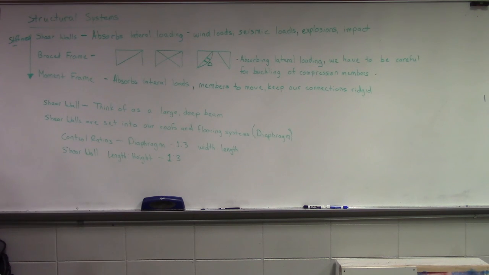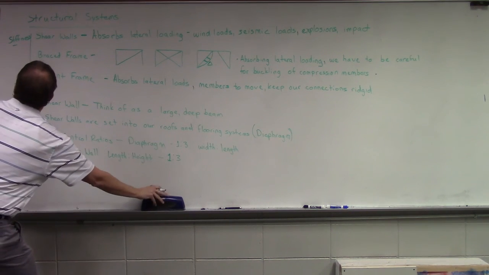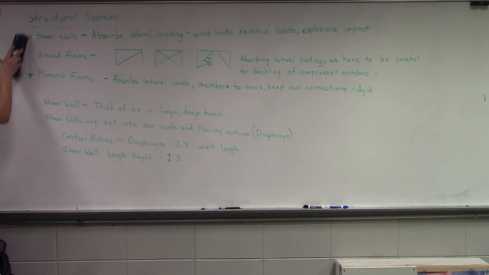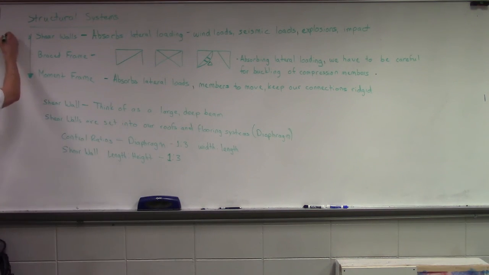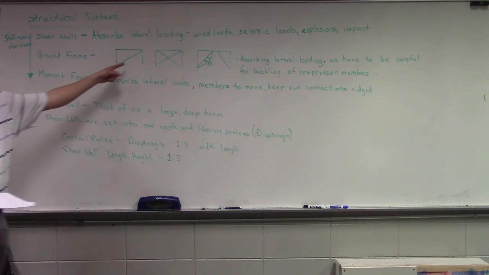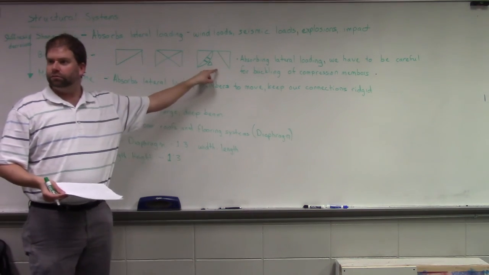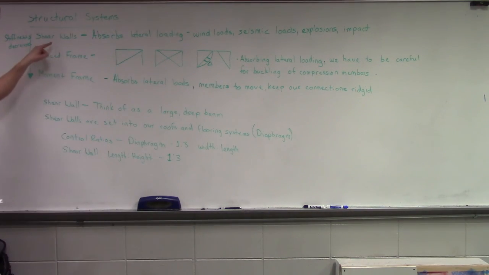stiffness decreases, right? Okay. Even though our stiffness is decreasing, we get a little bit more flexibility in our moment frame, right? We don't have any bracing that we need to worry about. Okay? If we need to cut out a window, we don't have to worry about structural integrity of our shear wall.